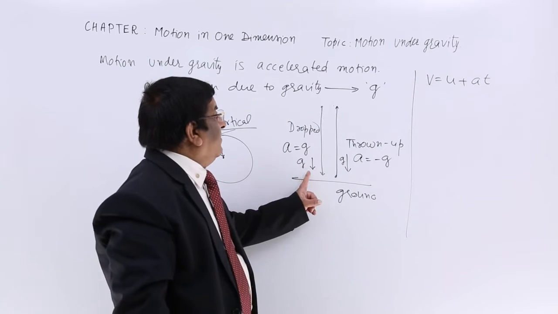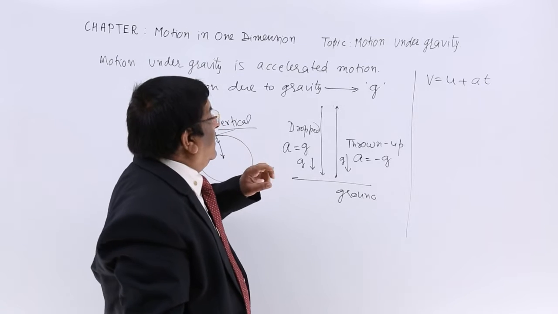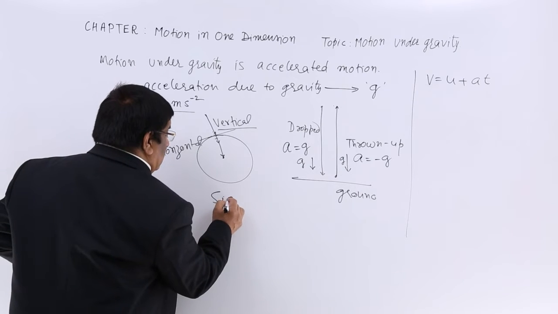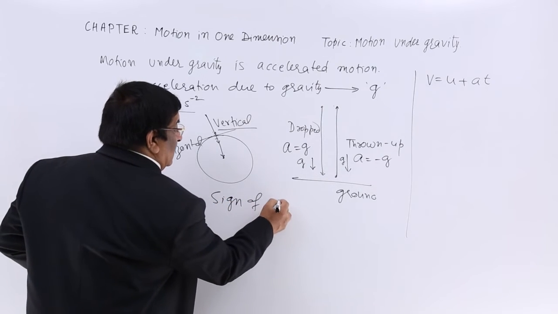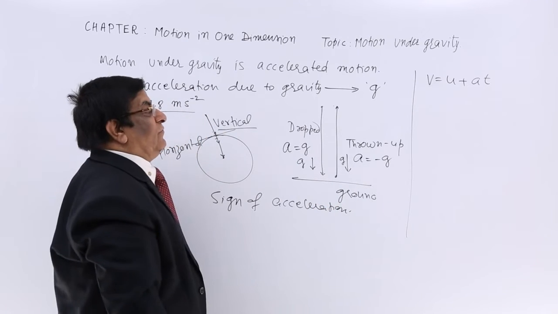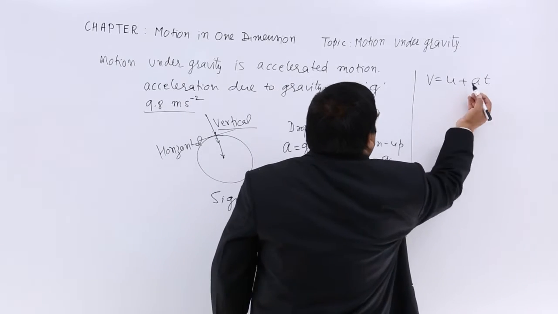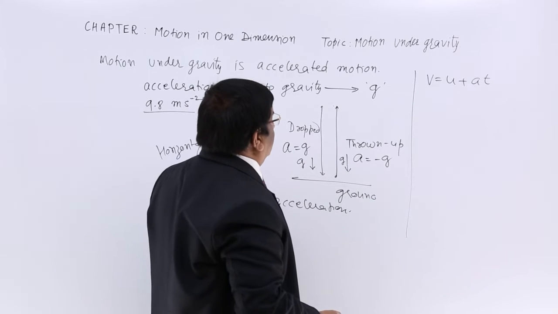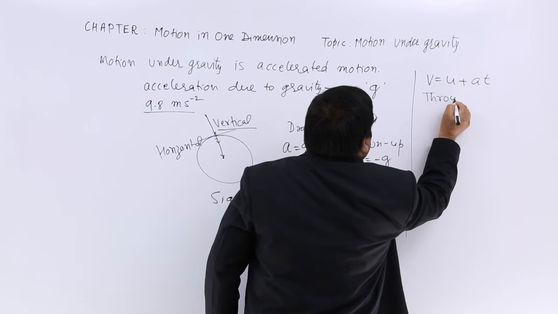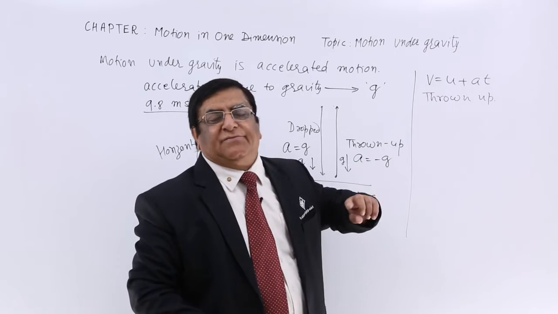Now when we are applying acceleration due to gravity, we have to go by the sign of acceleration whenever we put values. So if I put this value of a in terms of g, the body is thrown up. Now I have to think of positive and negative.